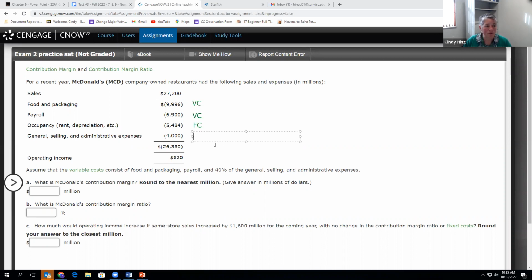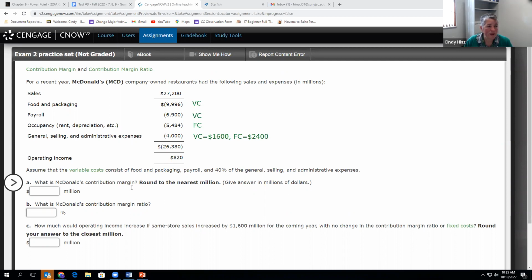And this general, selling, and administrative, 40% of that, 40% of 4,000 would be 1,600 is the variable portion, and the fixed cost would be whatever's left, 2,400. The other 60% would be a fixed cost.